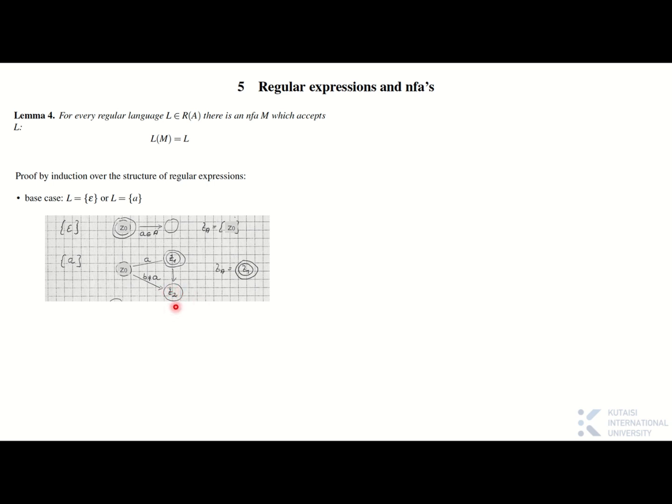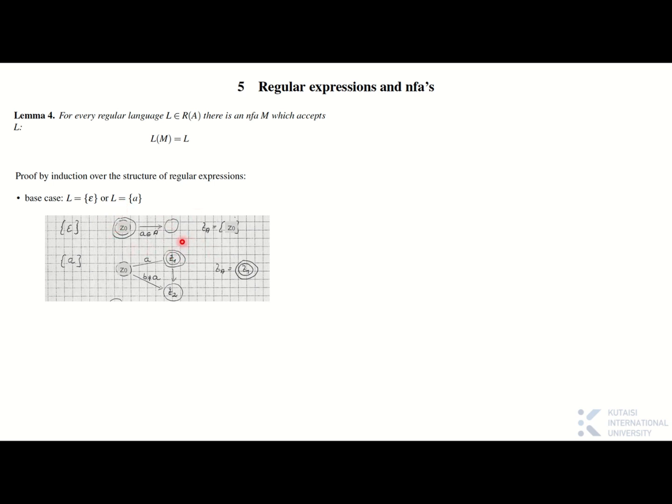So you send everything to the empty set, so it's like a dead state. And if you have the empty word, you have an accepting state, and every letter takes you here, and then you get stuck here. So the only thing that will be accepted is just the empty string, if you start here. So the language that consists of just the empty string and the language that consists of just a single letter will be accepted by an NFA.